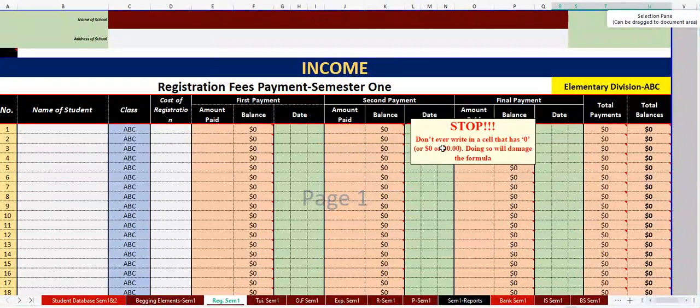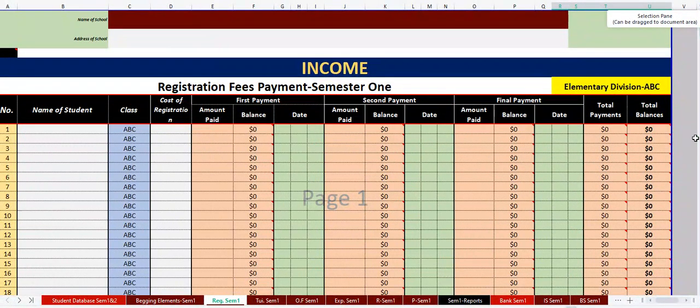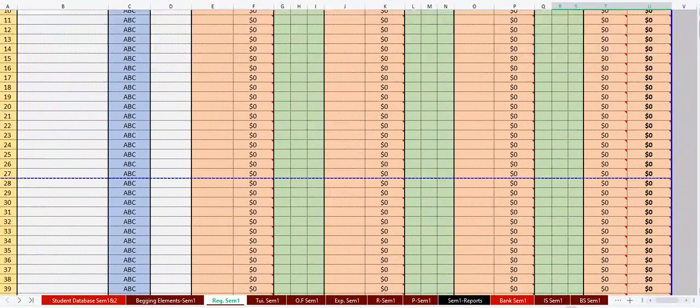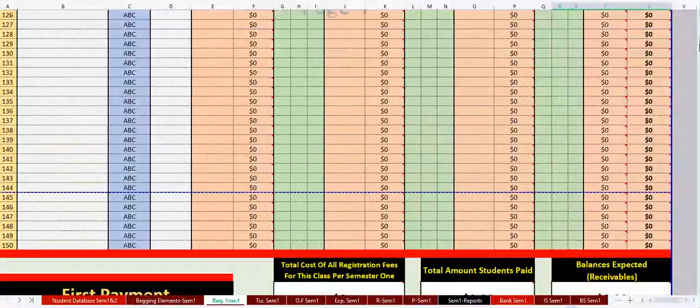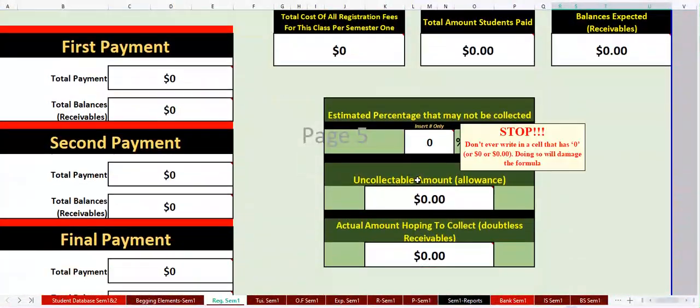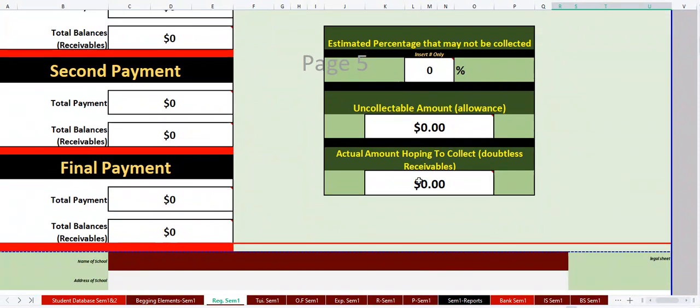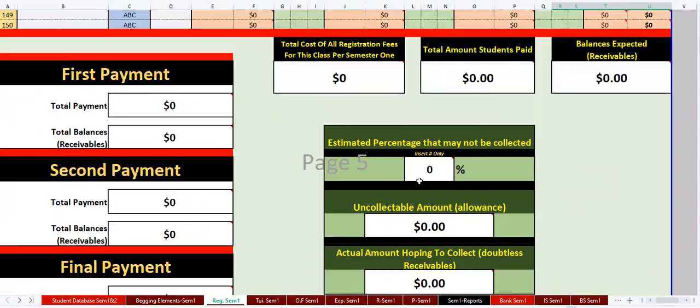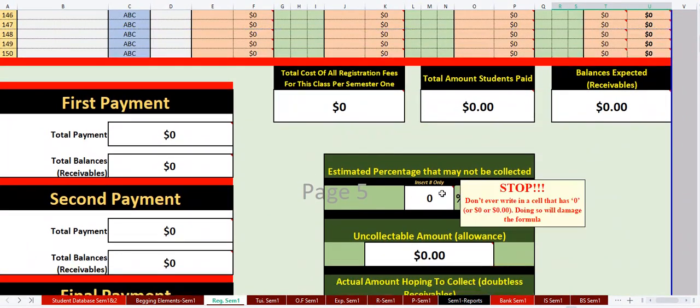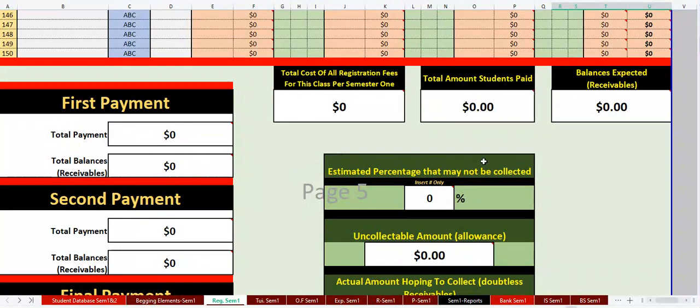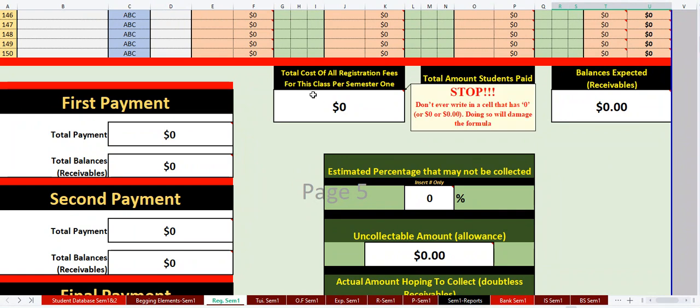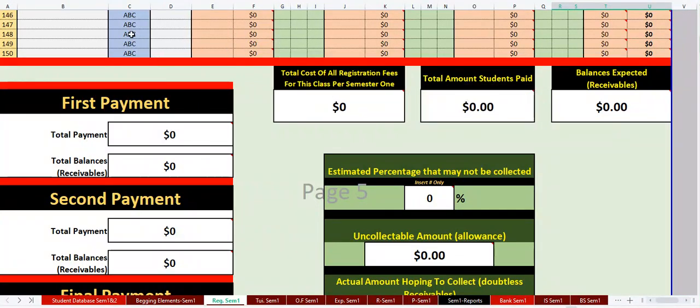Now this page has some information at the ending here. I also want to make that clear to you. If you look here, there is a summary of that page. Each page has this. What you did up there will automatically appear here. Cost of all registration fees for this class per semester 1. All the total costs will come here, because remember we have the cost of registration for all the students that you're going to put there.